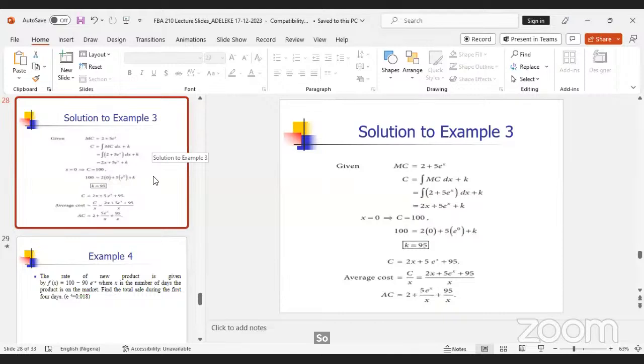It's the same thing here. When x equals 0, C is that, and then you plug it in. It is not a linear function like we had earlier. If it were a linear function, K would automatically be 100. But here, remember, you now have an exponential function. And that's why the K is now 95.